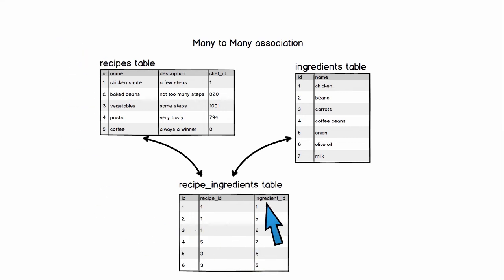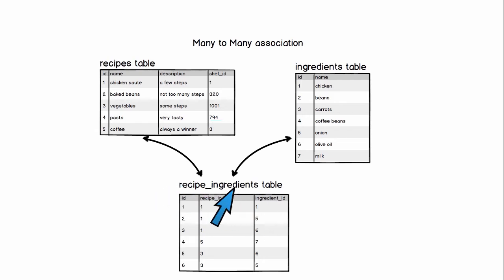Then you see ingredient ID again shows up here in row 5, ingredient ID 6, olive oil, and then it's associated with recipe ID 3. So vegetables, okay? So in Rails, you build this relationship by using the has many through association.